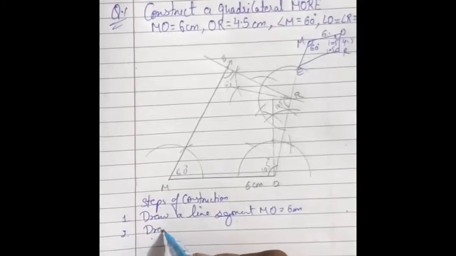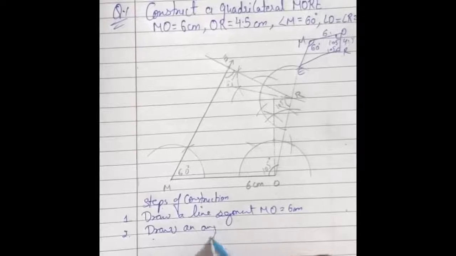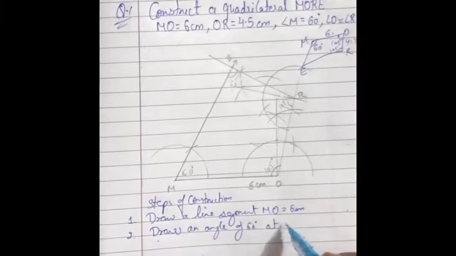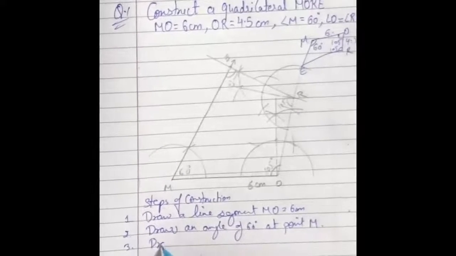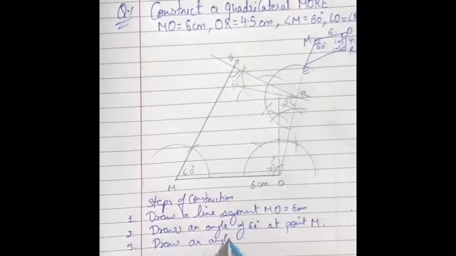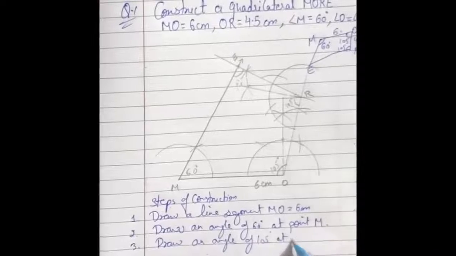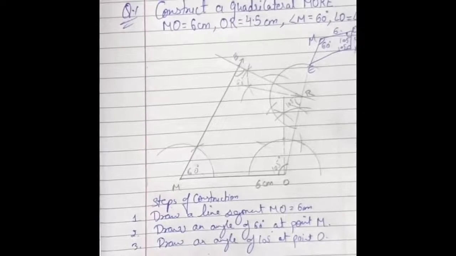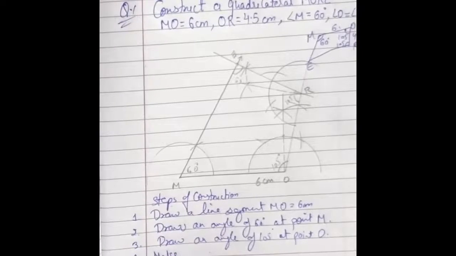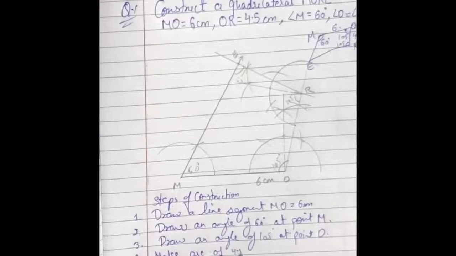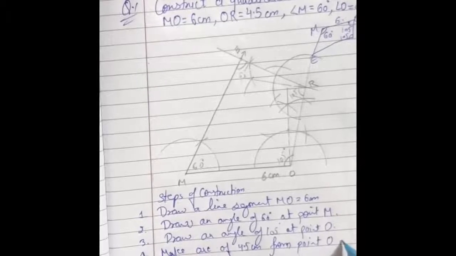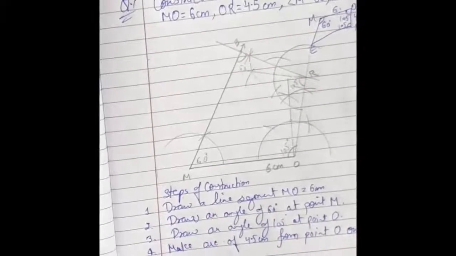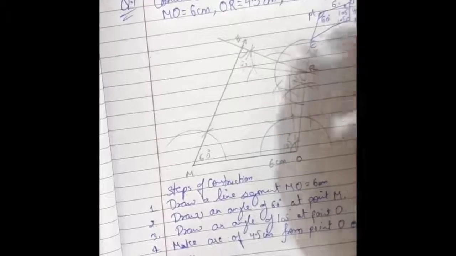Second, draw an angle of 60 degree at point M. Similarly, draw an angle of 105 degree at point O. Now, fourth, make an arc of 4.5 centimeter from point O on the ray, that is the ray MX, not E. Let me consider this is X, OX.